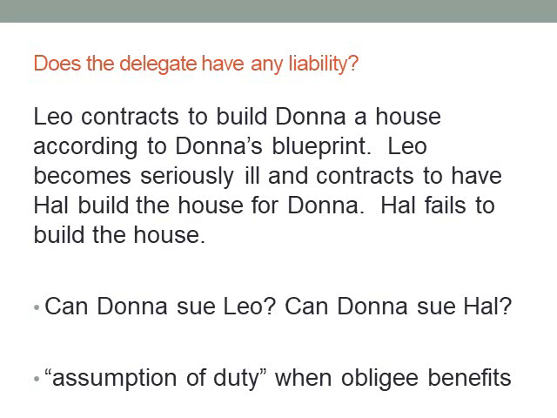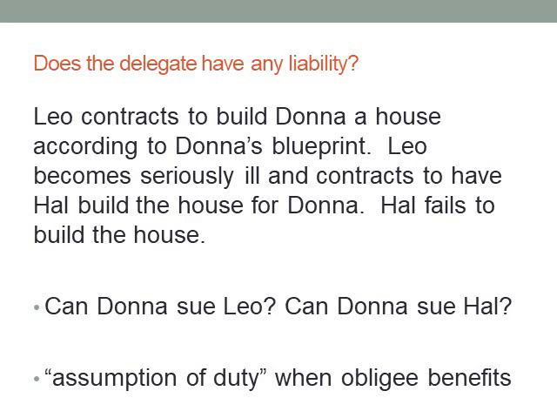Let's say this was a contract to paint a mural. Leo contracts to paint a mural for Donna on her wall inside her bedroom. And then he becomes sick and then he hires Hal.